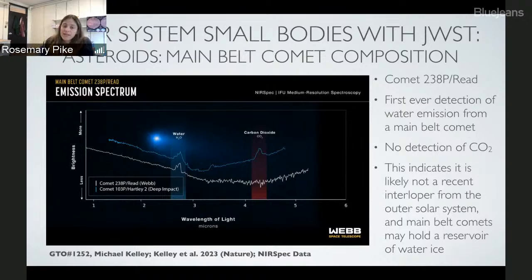And so this is a really exciting discovery, and hopefully it will be followed by more spectra of other main belt comets, and we can also expect Roman to discover a good number of main belt comets, which can be targeted for follow-up with JWST, searching for these water and carbon dioxide emissions.